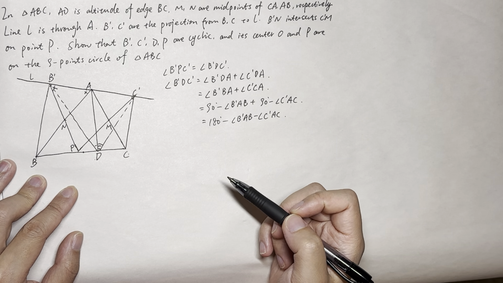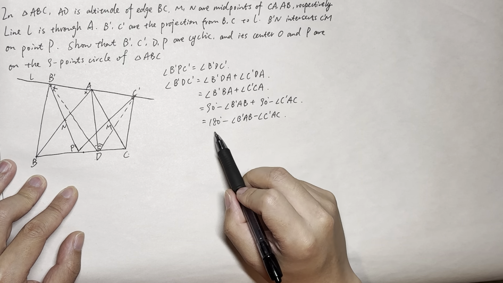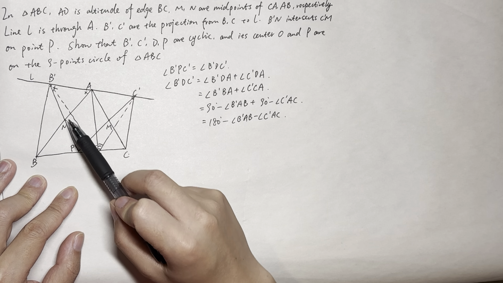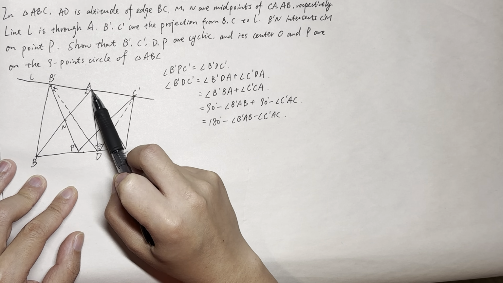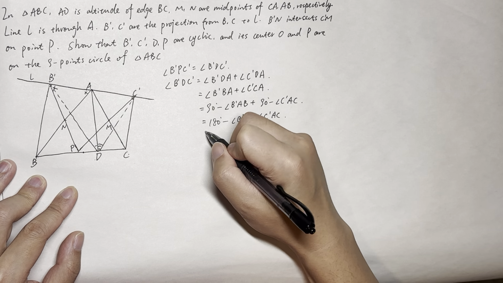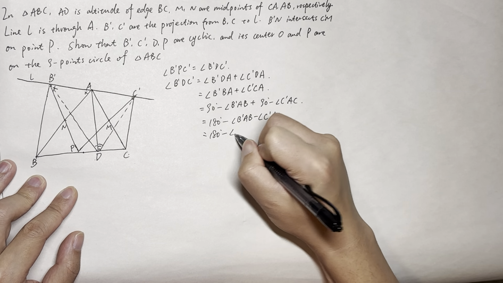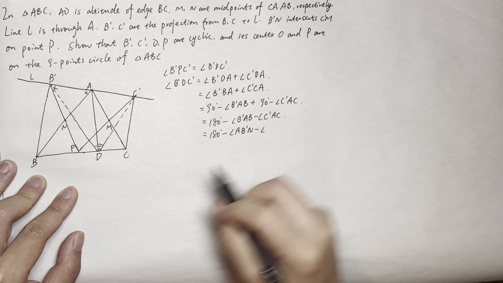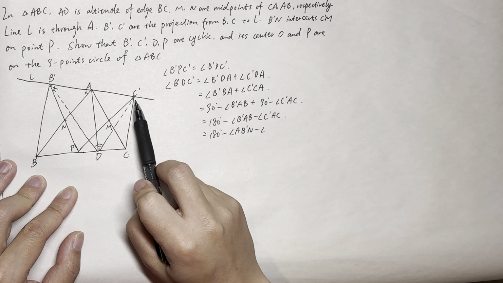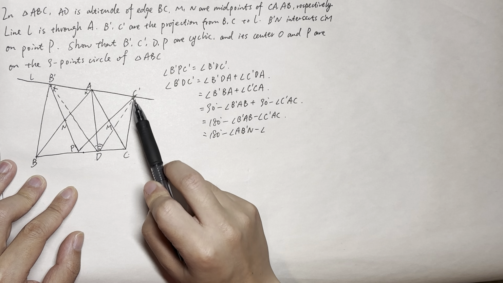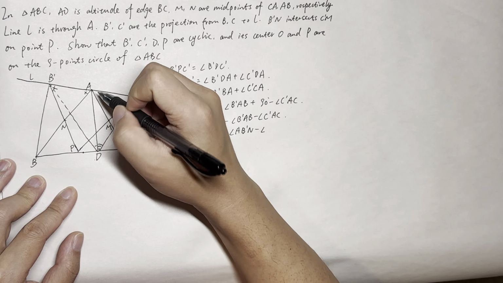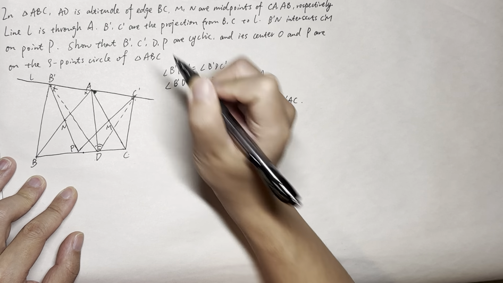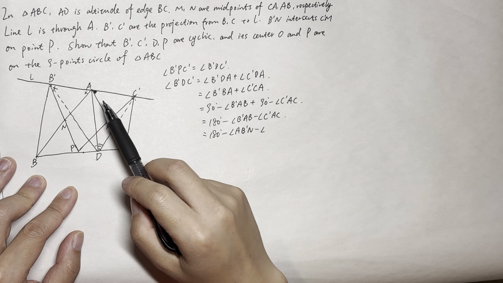Then we can turn angle B prime AB into angle AB prime N, so it equals 180 degrees minus angle AB prime N minus angle... Similarly for C prime AC, I just fill it in here, right?